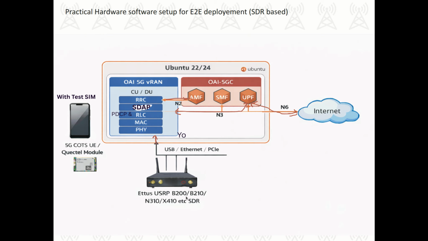So there are other SDR families. B200 is one by one, and B210 is 2 by 2, and then there are other SDRs which may have Ethernet or PCIe interfaces also. Okay, any queries on this slide?